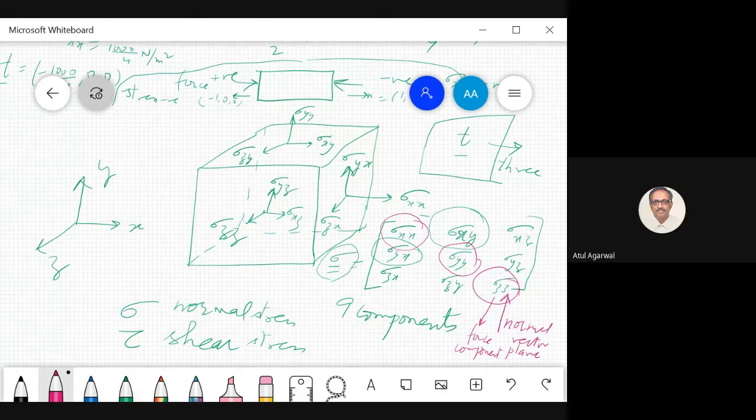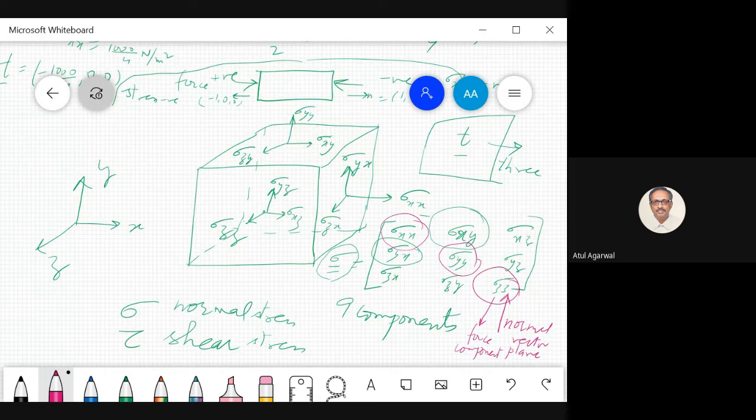So every plane you can define three stresses. Three stresses will correspond to the three components of force. I can call my stress as sigma xn, sigma yn, sigma zn, whereas n is the normal vector to the plane. Now normal vector to the plane is in x direction, it becomes sigma xx.